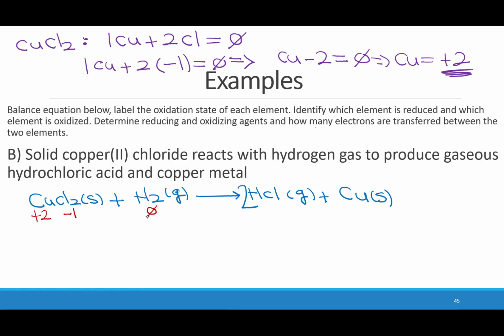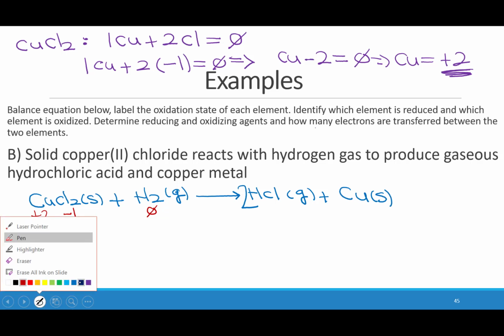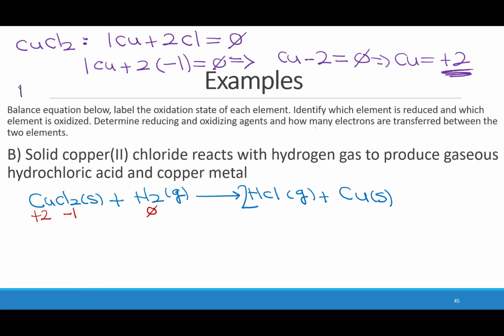Now, hydrogen. Hydrogen sometimes has a +1 charge, sometimes has a -1. If it reacts with a metal, okay, let's do a side note. Here the charge on hydrogen is -1 because sodium is +1, hydrogen is -1.